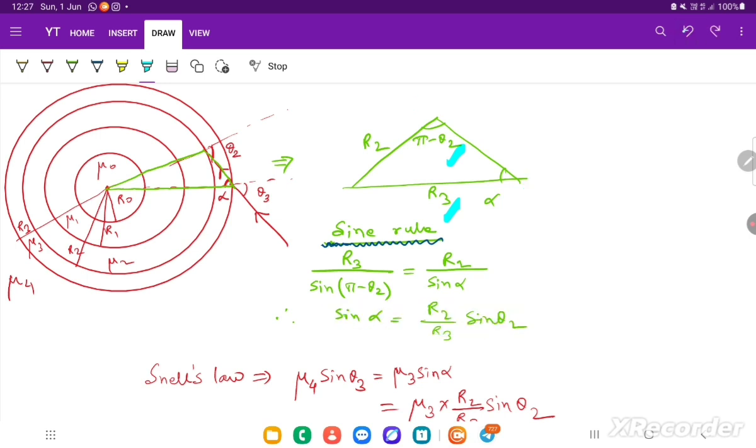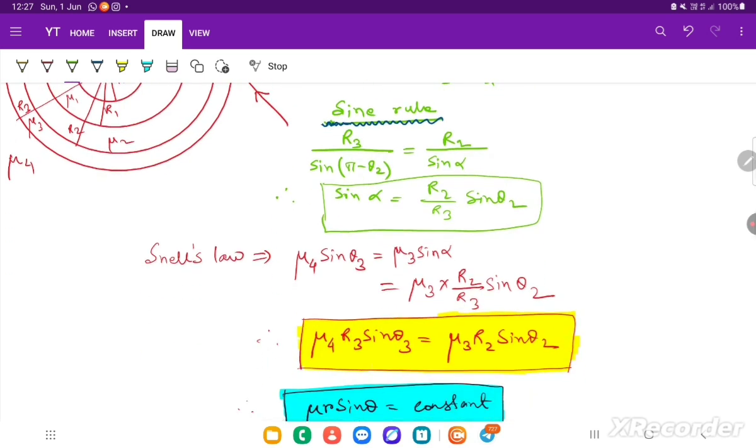Now I will use this relation further. I have already explained how we got to this step using Snell's law.